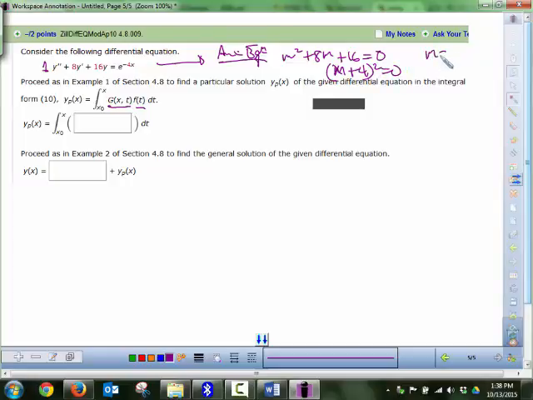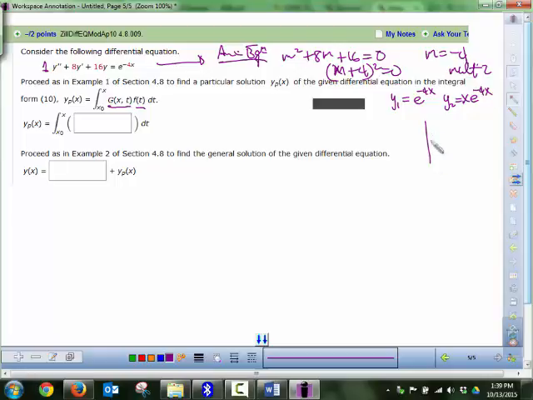So m is equal to negative 4 twice, multiplicity 2. That gives us a y1 of, let's do the one without the x, e to the negative 4x. And then y2 is going to give us x times e to the negative 4x. Okay?